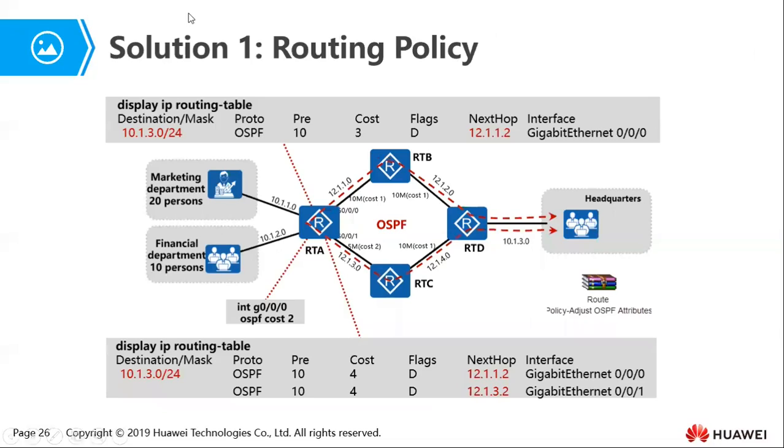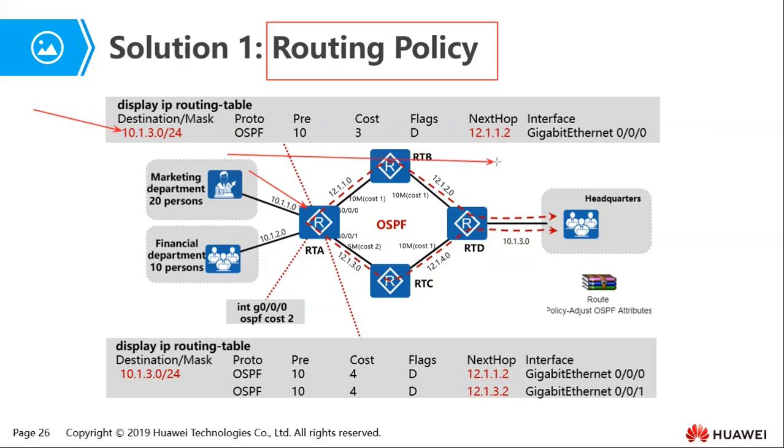So we begin with looking at routing policy. As we know, packets are forwarded by searching the routing table based on the destination address. What that means is, if a packet comes to the router, RTA will check the destination address, then look at its routing table. Do I have that network?